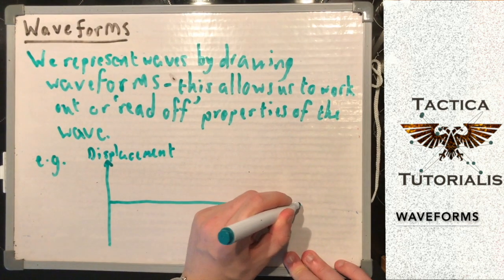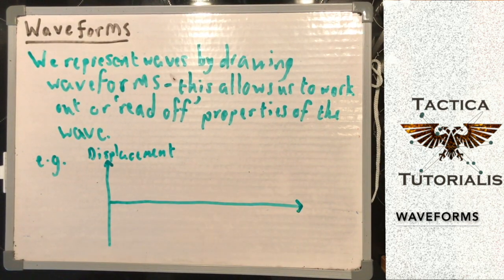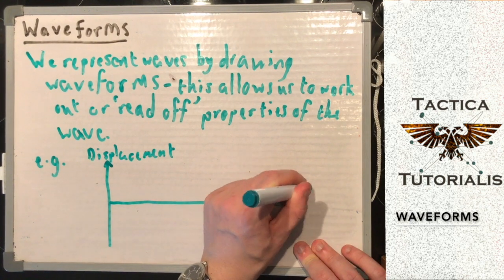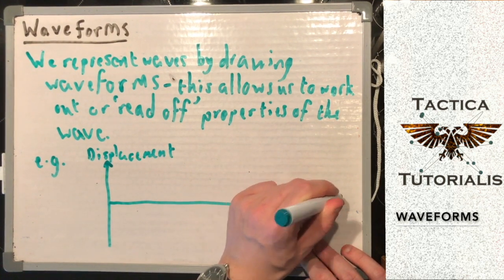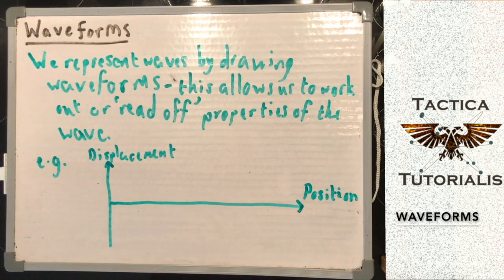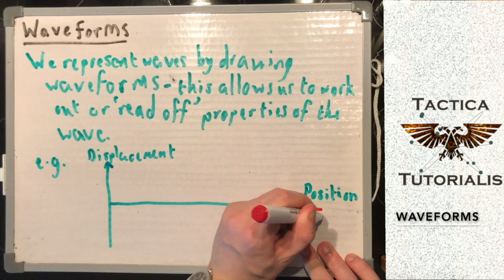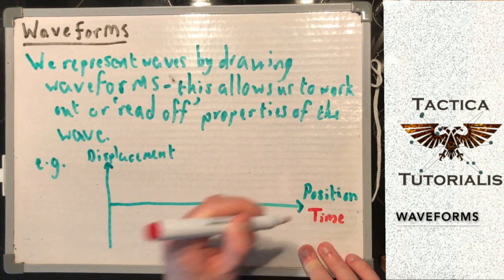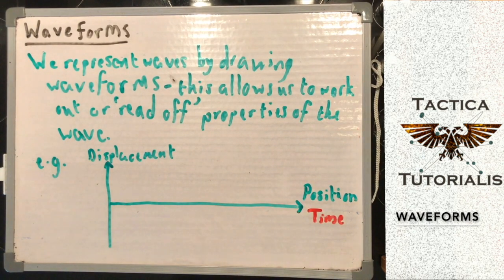And this axis can have one of two names. So either it can be the position, or it could be the time. Because waves move. Waves propagate through things to get to where they're going.